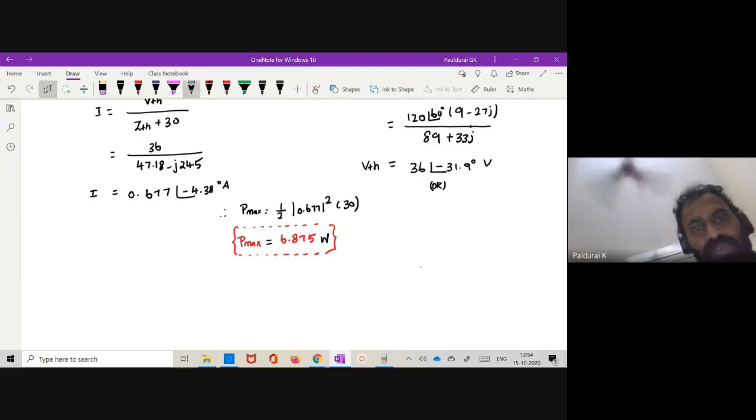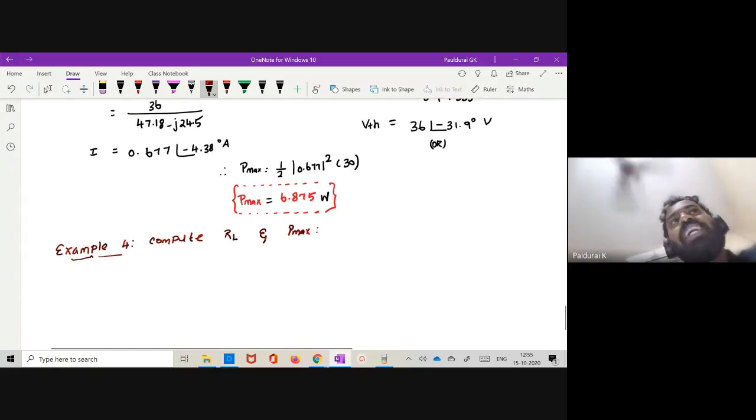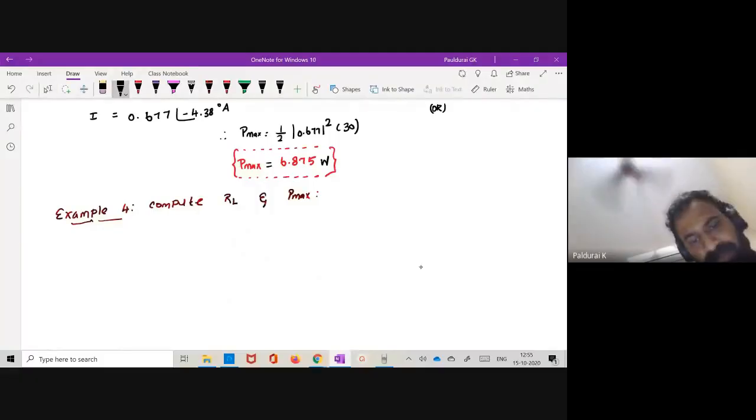Take example 4, and you are going to do it by yourself. Here also you want to compute RL, the load resistance for maximum power, and calculate the maximum power dissipated by the load. This time it's a very simple circuit. Can you give me the answer for this problem at least?